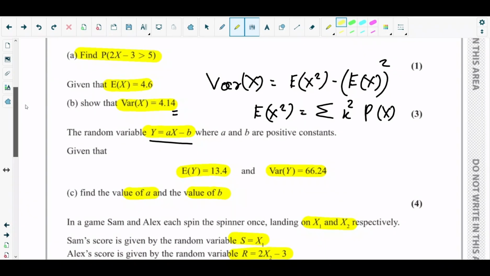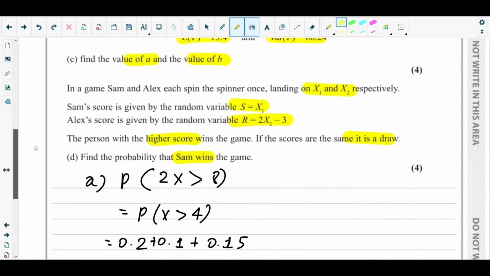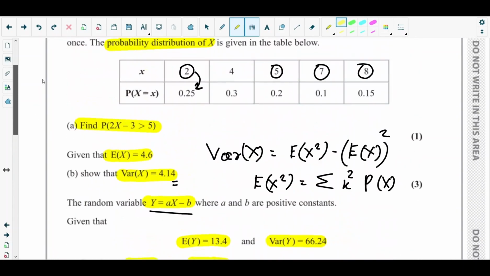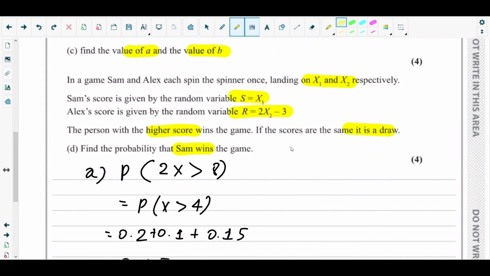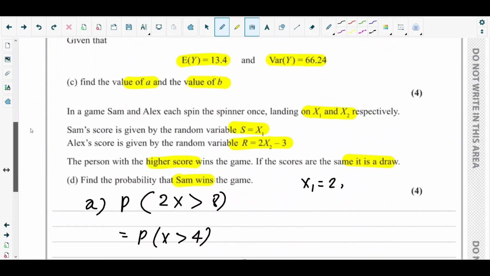Alex, right? Okay, so let's consider the cases. If Sam's score is 2, if x1 equals 2, then what should be Alex's score in order for Sam to win the game?